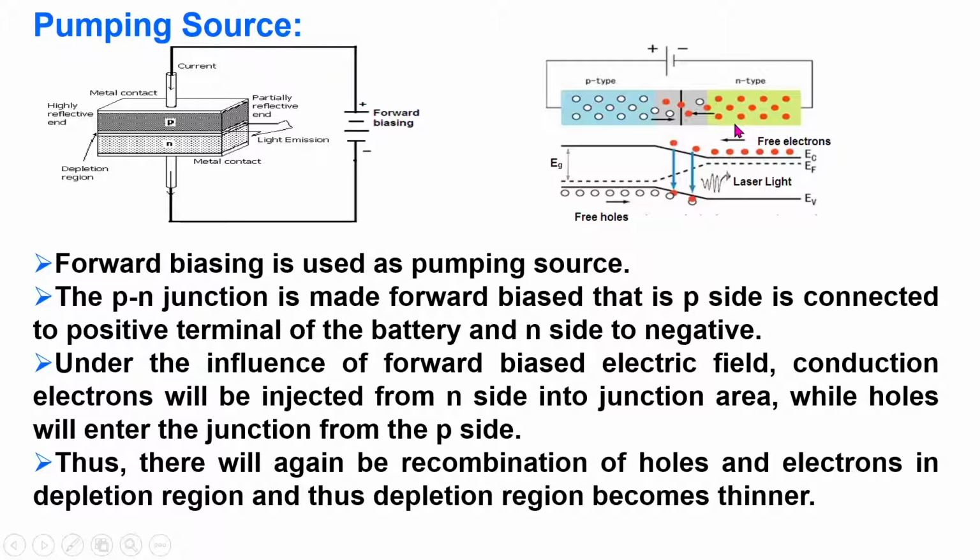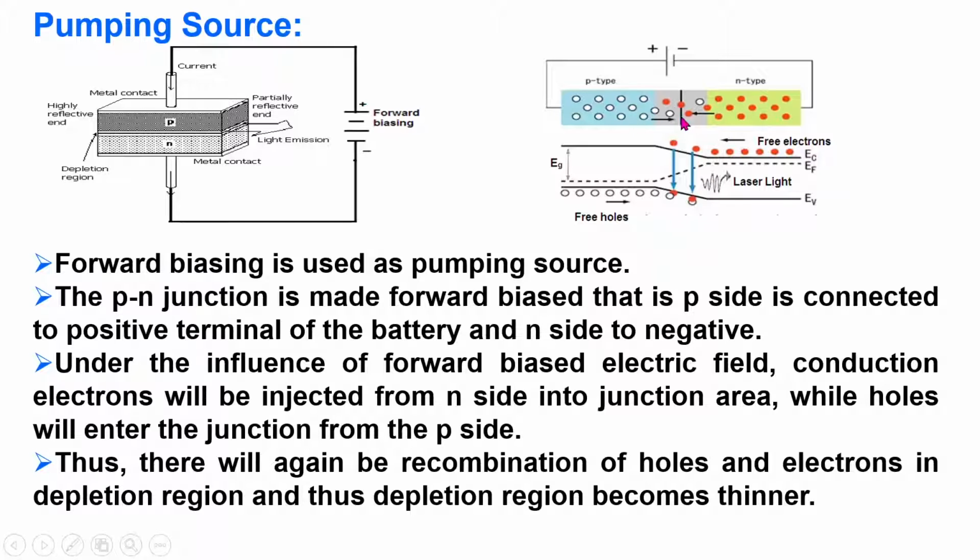In this figure, the N type material contains the majority of the electrons, so under the influence of the battery supply, the electrons will move towards the P type material. That means they are injected from the N side into the junction.